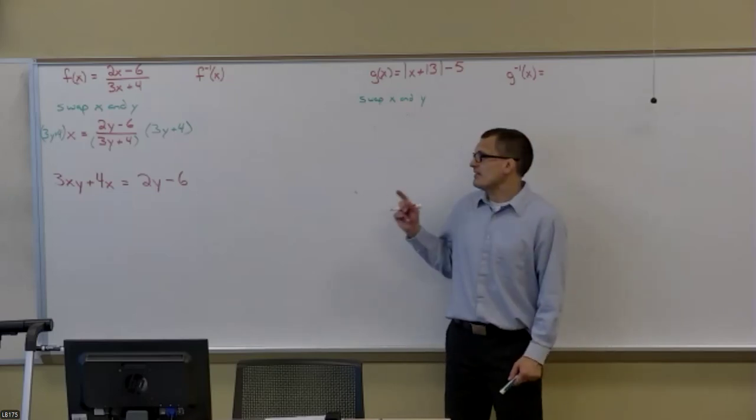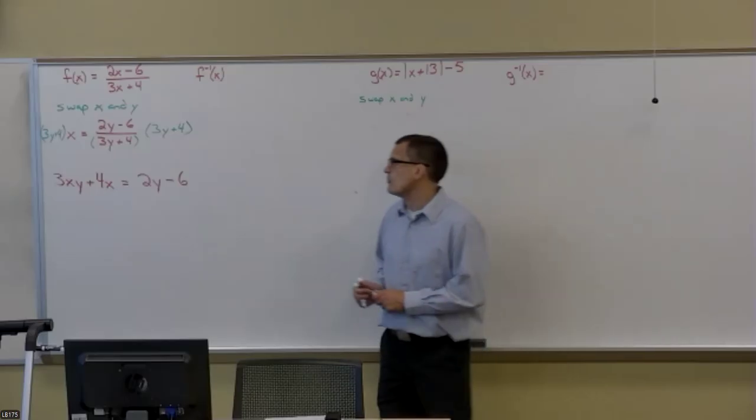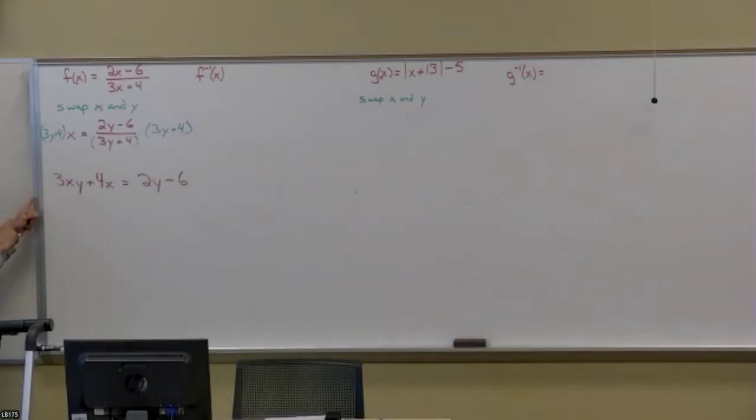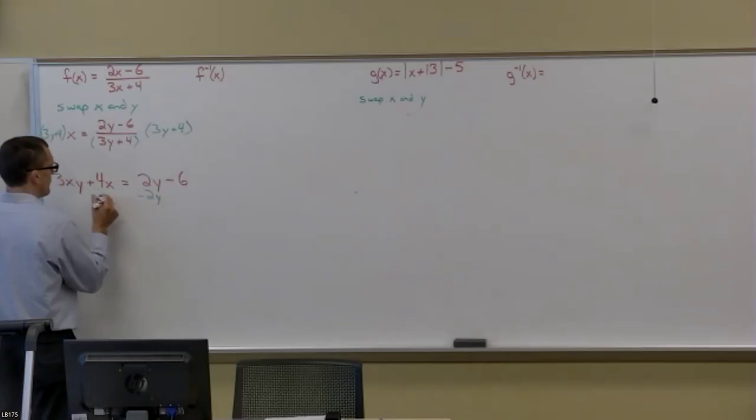The way that I would solve it in this case is I would get all of the terms with y's on one side and all the terms without them on the other, and then factor out the y. In this case, we can do that. Let's subtract 2y from both sides.